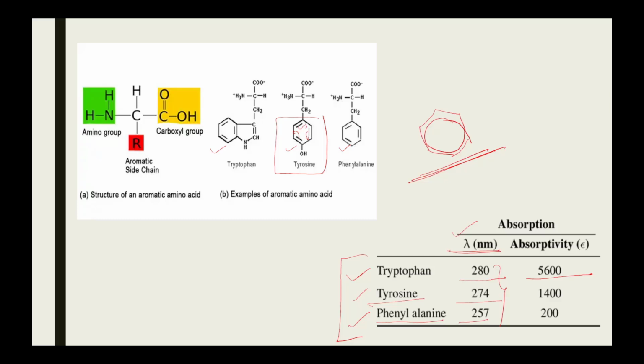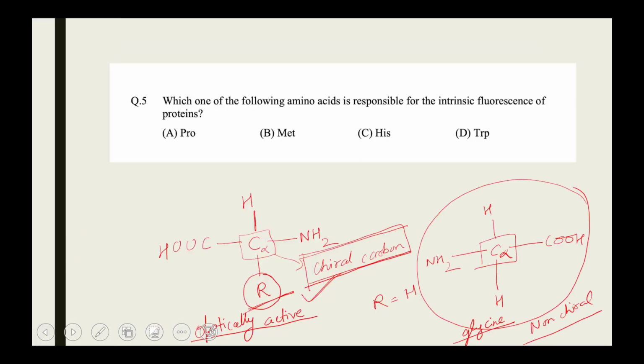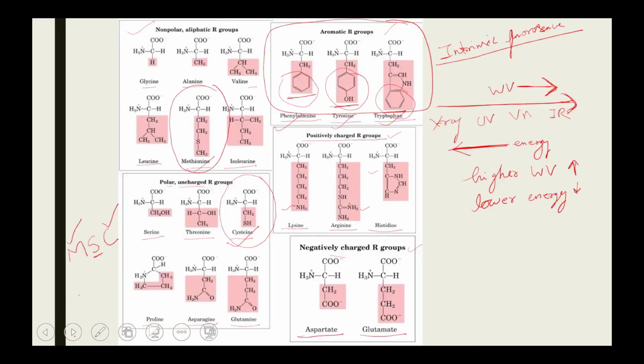Yes. So for our question, the answer would be tryptophan. We have other options: proline, methionine and histidine. If we look at the structure, proline doesn't have a conjugated bonding system present, so not proline. Another option is histidine.